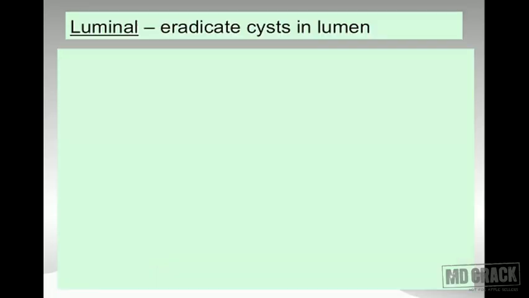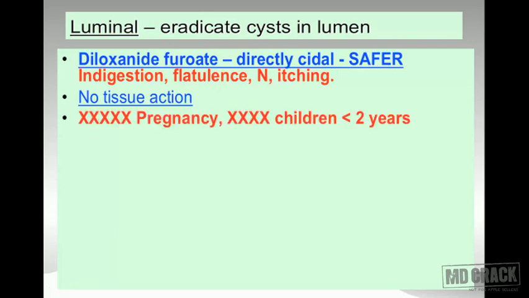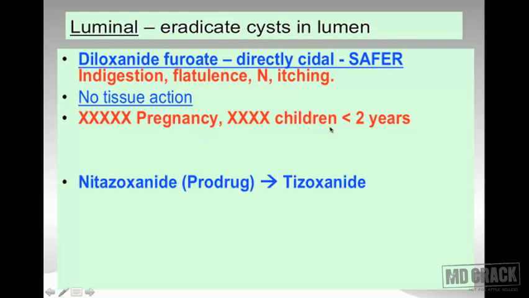The luminal amebicides which eradicate cysts in the lumen include diloxanide furoate. This is a directly cidal agent. It's quite safe and it can produce some gastrointestinal disturbances as indicated here. It doesn't have any tissue action obviously, so we call it a luminal amebicide. It's contraindicated in pregnancy, and contraindicated in children less than 2 years of age. The second drug which is available is a newer drug called nitazoxanide, and that's a prodrug, which gets converted into tizoxanide.